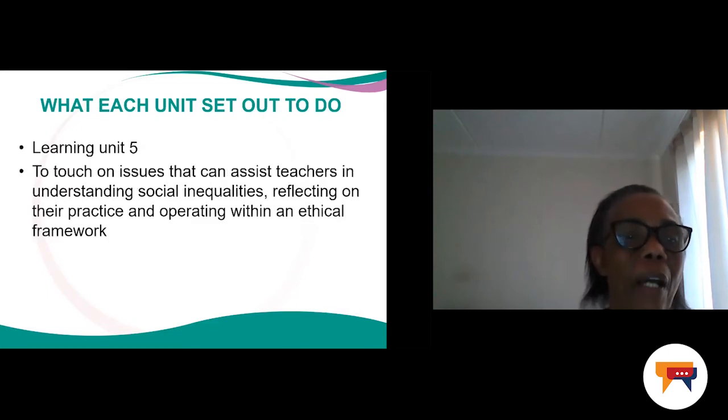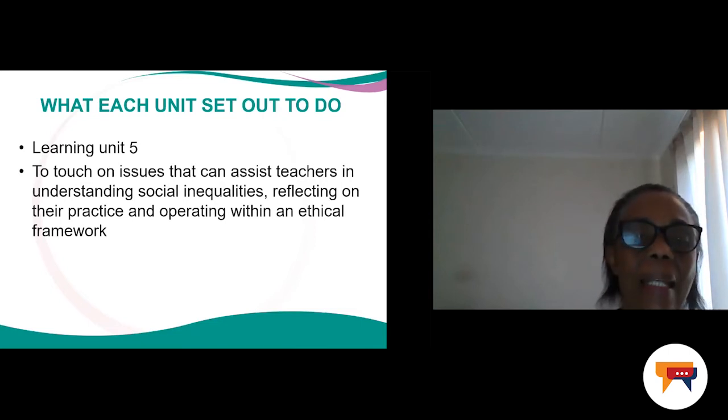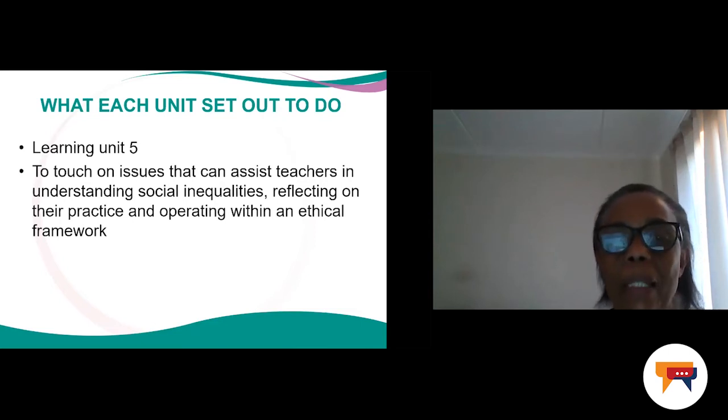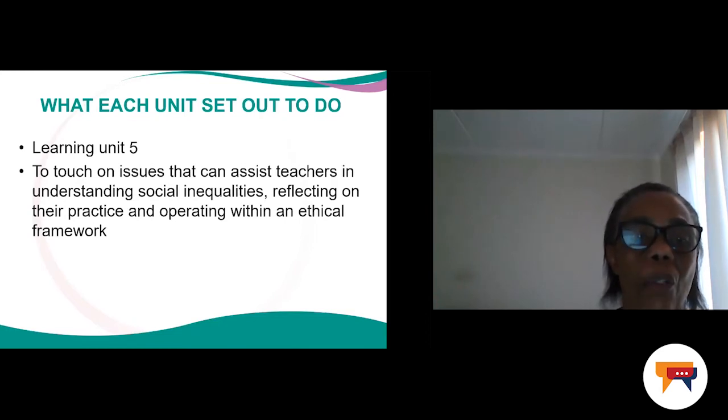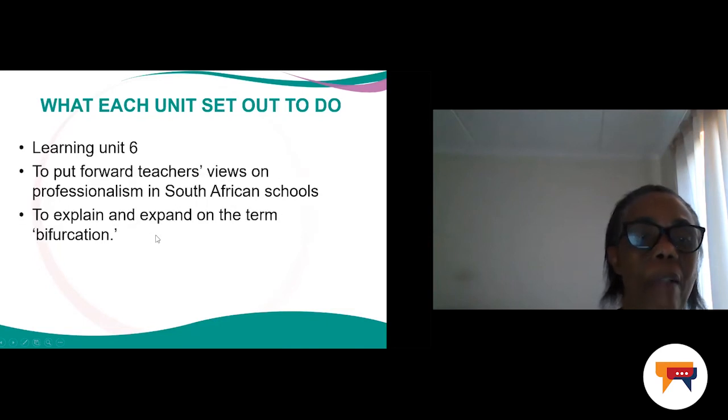Learning Unit 5 touches on the issues that can assist teachers in understanding social inequalities, reflecting on their practice and operating within an ethical framework, because teachers must always act within an ethical boundary. They cannot do as they wish.